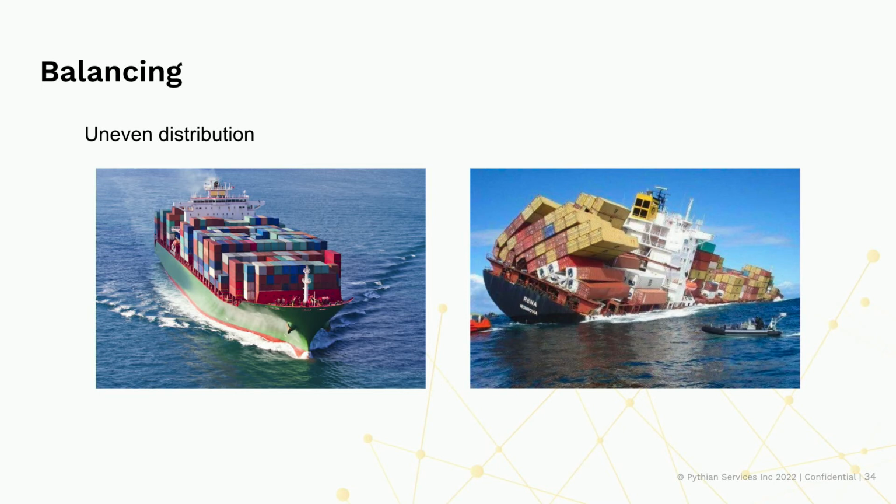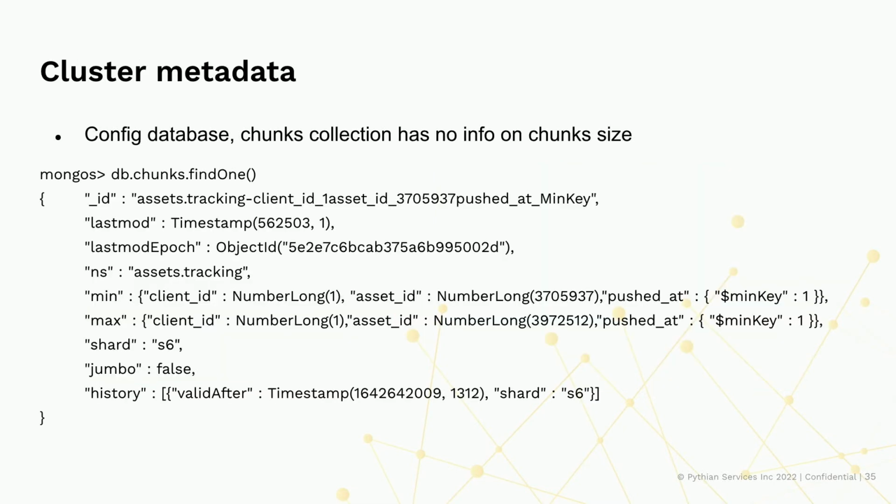So the balancer thinks, yes, I have distributed my data, my chunks are equal, and this is what you get. So it's really important to know how much data exists per chunk. And one of the things that might be improved is if the balancer has the information about the data size for that chunk.